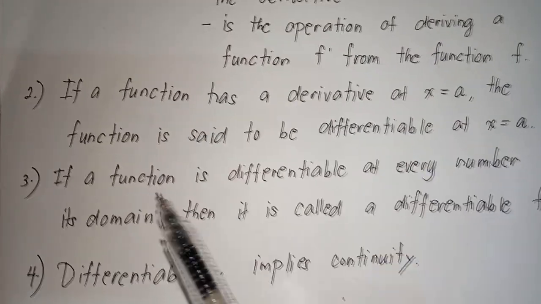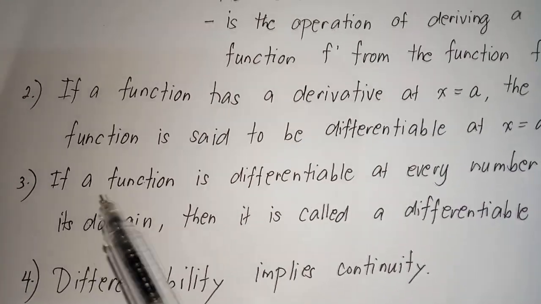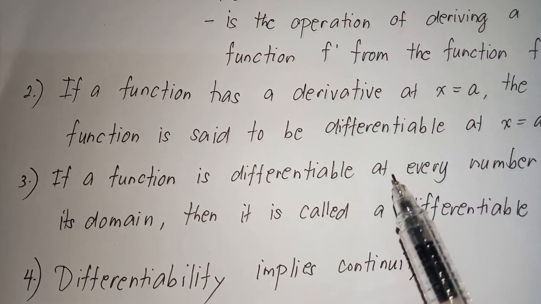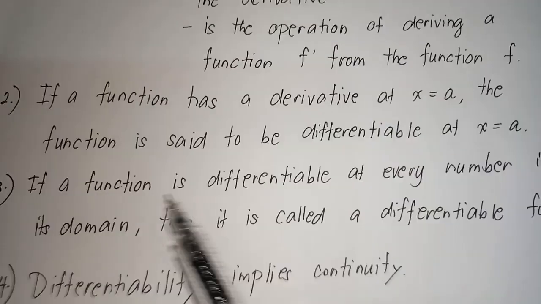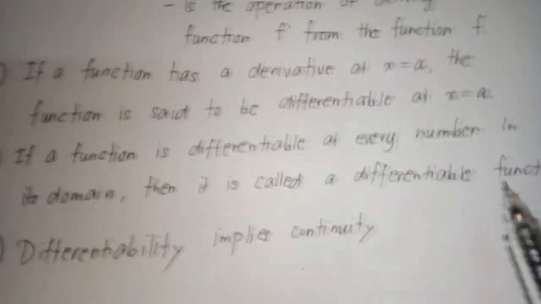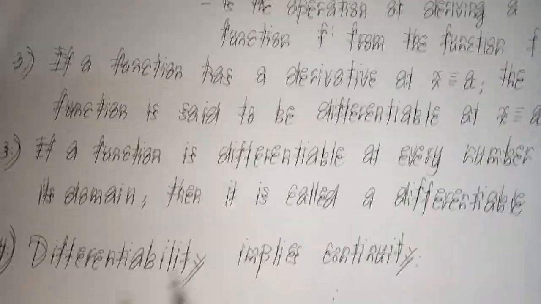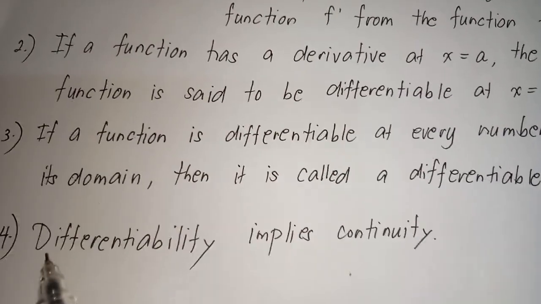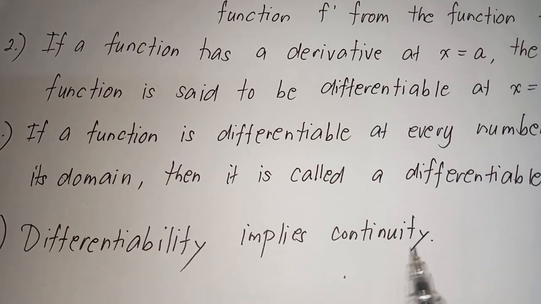Number 3, another important remark, if a function is differentiable at every number in its domain, then it is called a differentiable function. Last important remark to remember is differentiability implies continuity.